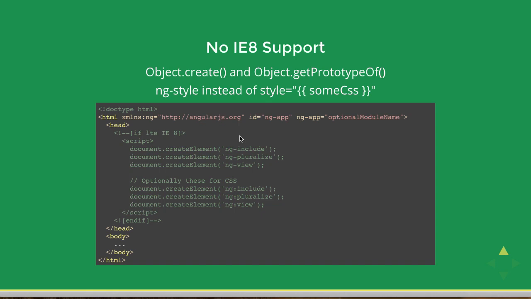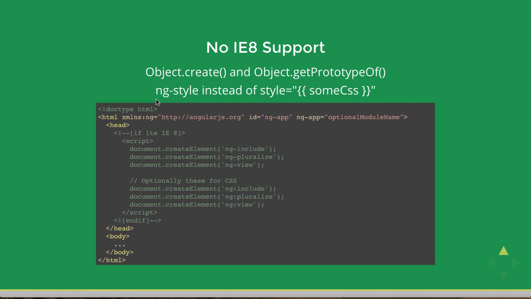If you specifically need to use your Angular application in version 1.3, you have to do some additional work, which includes creating polyfills for Object.create and Object.getPrototypeOf. The additional change is you cannot use the style expression. You have to use ng-style.